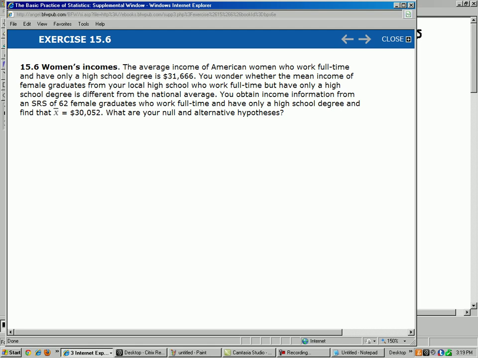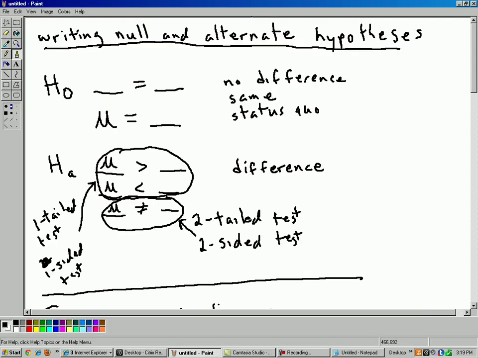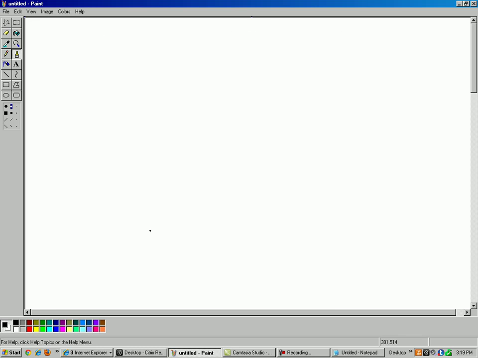All right, let's get a new page here. So this is chapter 15, question number 6. So the null hypothesis is always something equals something. In this case, it's mu equals what the national average is, which is $31,666.